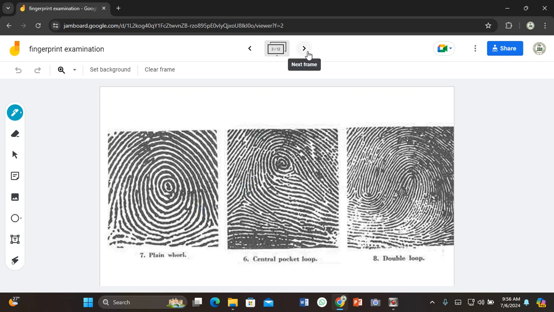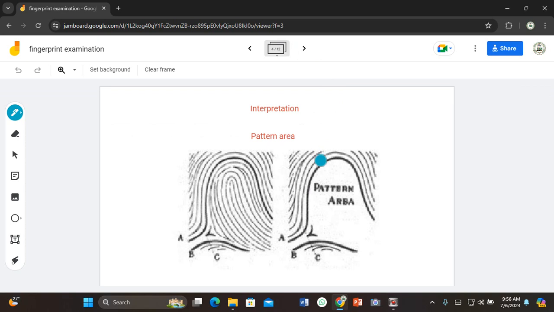Now let's move further. During examination, there are some areas that we need to concentrate on, whether we want to make identification or we want to match in order to differentiate. The area that we have interest in is basically what we call the pattern area.